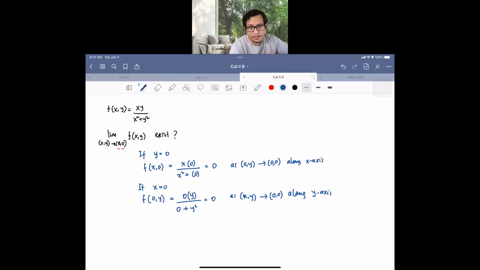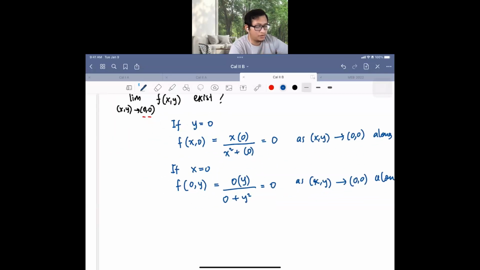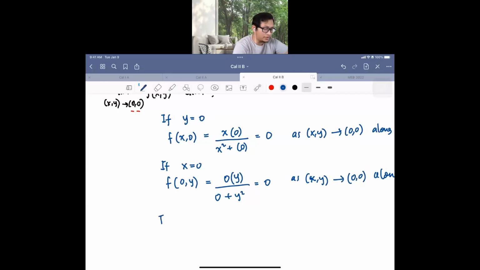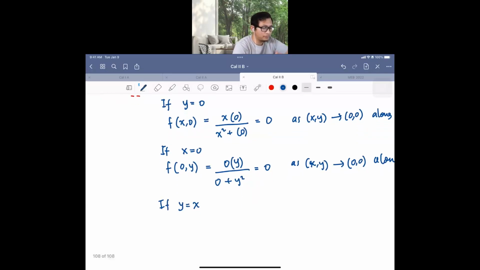But if we get this result, do not conclude that the limit exists. We can try the third one that I told you before, y equal x. So we make it into f(x, x).